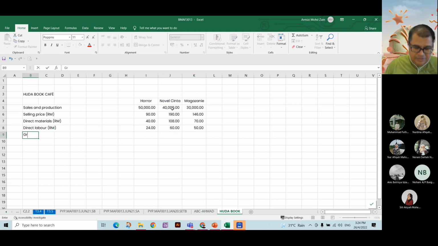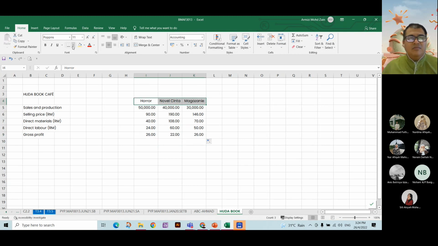Okay, and then kat samping dia boleh dia tulis lah gross profit dia. Ni contoh lah ya. Gross profit dia 90 minus 40 minus 26. Okay, ni gross profit dia.